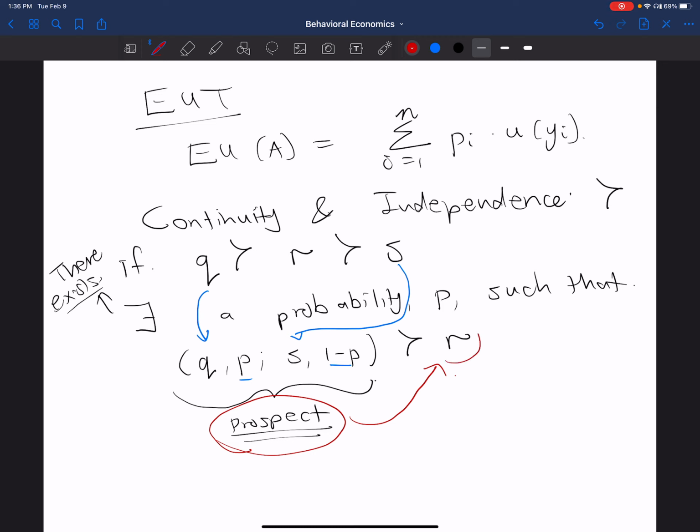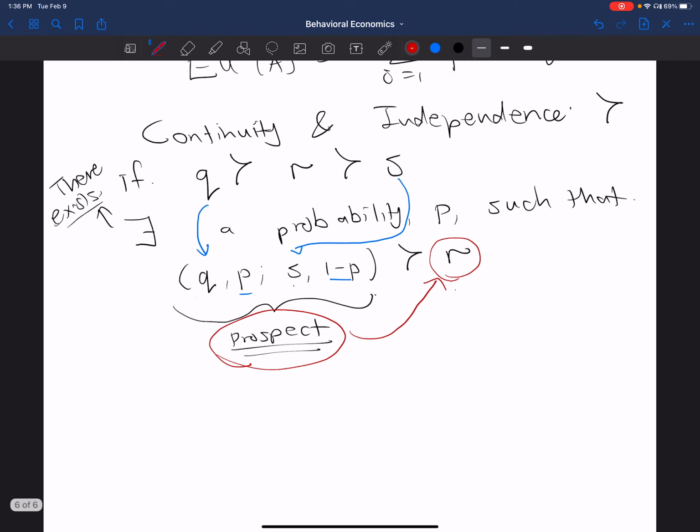There's a certain R here. Notice there is no probability attached to the R. But in including probabilities now with Q and S, I can say there must exist a probability P such that, with the present preferences Q, R, and S, this prospect is preferred to the certain outcome R. That's what it means for us to have continuity.